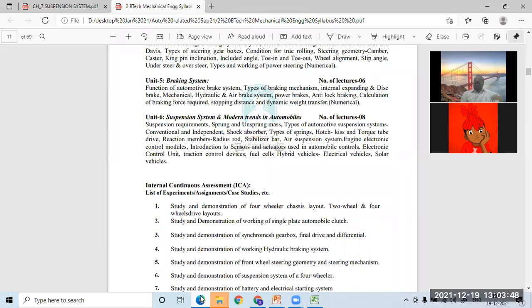Before moving ahead, can somebody unmute and confirm that my voice is audible and my screen is visible? Prajakta, can you confirm?